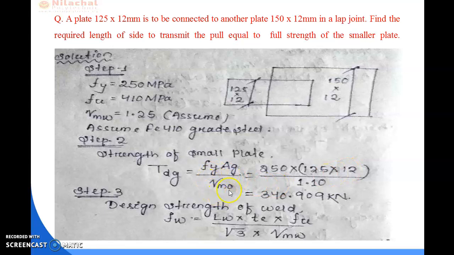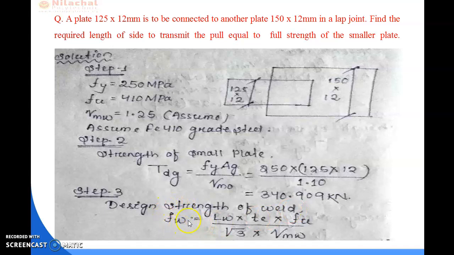Gamma M0 for the plate section is 1.10, which you can get from table number 5 in the code book. As a whole, your answer should be 340.909 kilonewton.